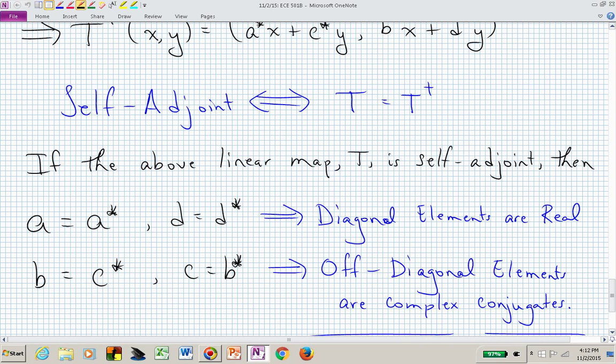And if you go back to those two matrices and look at those, you'll see that B is equal to C star, or C is equal to B star, says that the off-diagonal elements are complex conjugates of one another. And that's a way of thinking about this notion of a self-adjoint map for a 2x2 example.